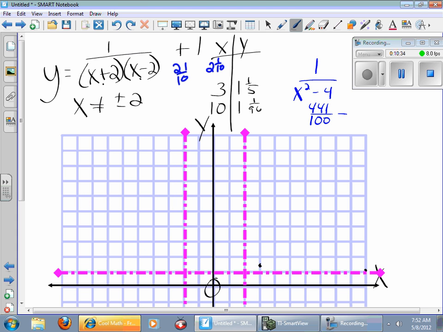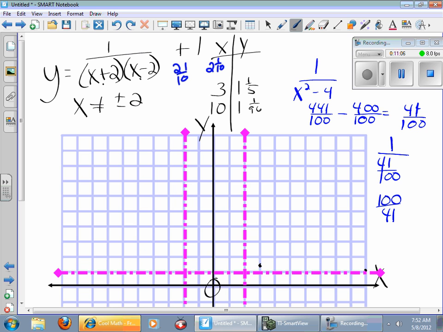I'm going to have to subtract 4 from that. Well, that would be like subtracting 400 over 100, right? That'd be the same as 4. Now I have a common denominator. So the denominator is going to become 41 over 100. But when I do 1 over 41 over 100, that's the same as 100 over 41.